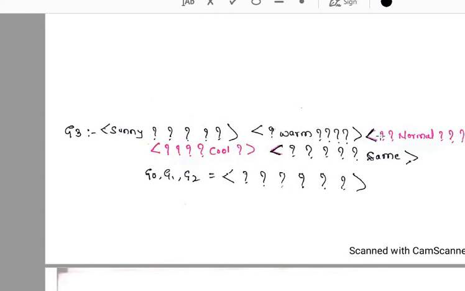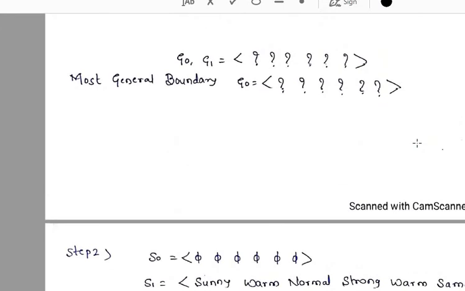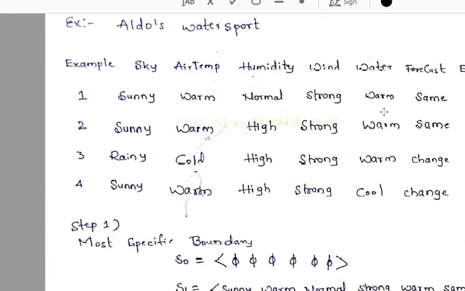Whenever the negative classification is there, you have to follow this step. Now the reason I have written this question mark, normal, question mark and cool in pink color is, as you can see here, normal value is classified positively in the first example, no problem.